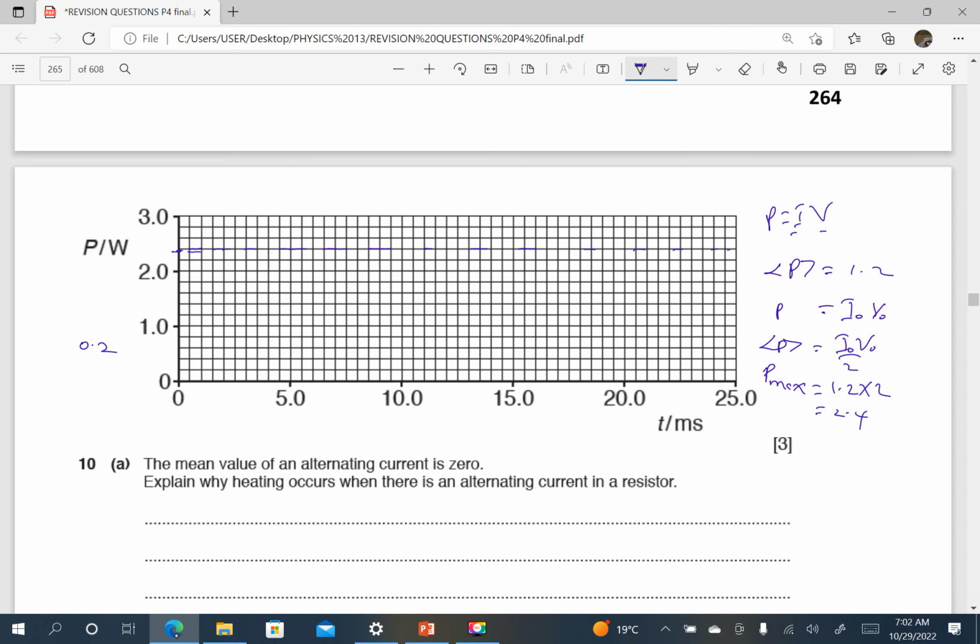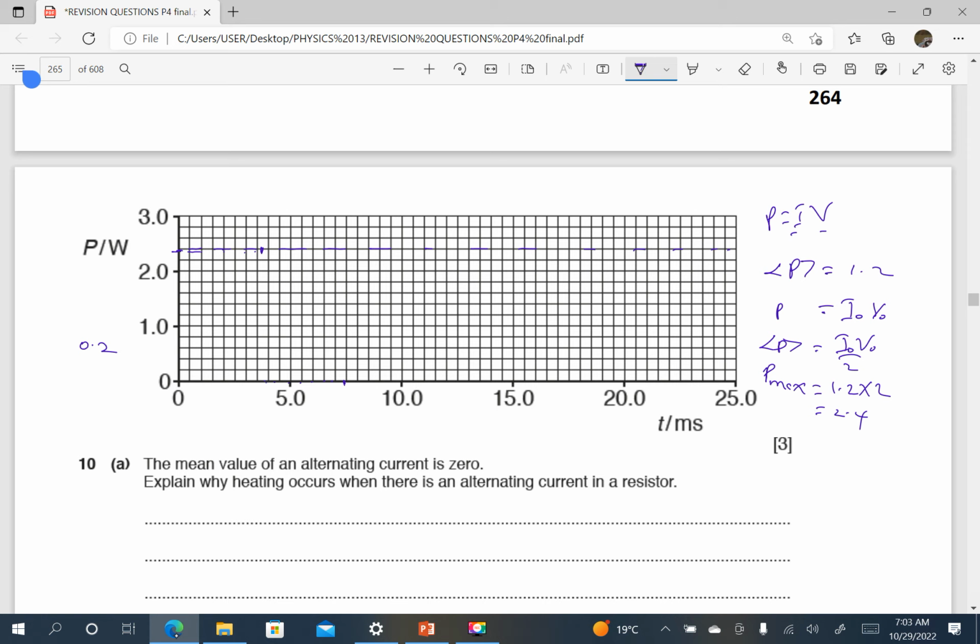So after every 7.5, again it will become 0 after 7.5, I guess. So it will become 0 around here.